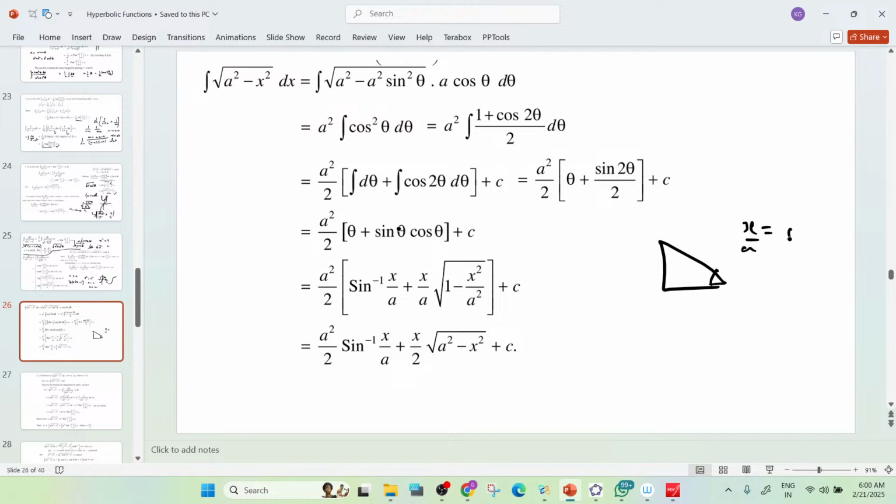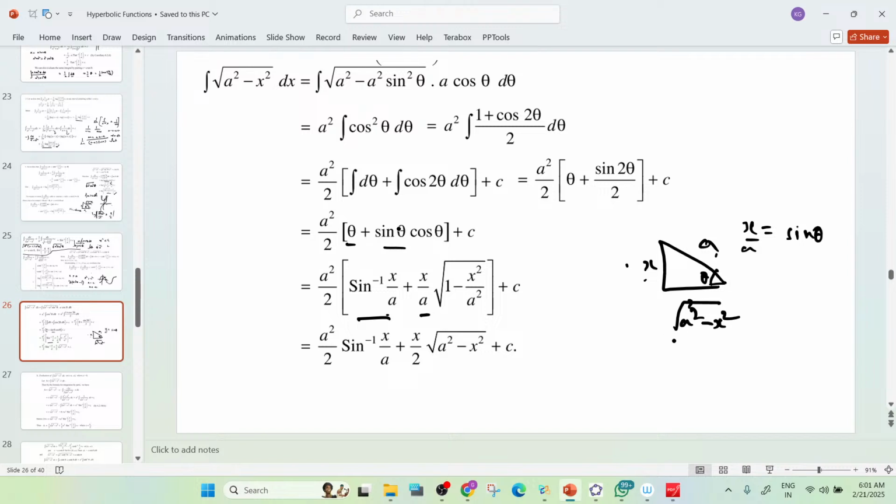x by a equals sine theta. If this is your theta, this is your x, this is your a, then this becomes root of a square minus x square. So theta becomes sine inverse x by a. Sine theta is x by a.